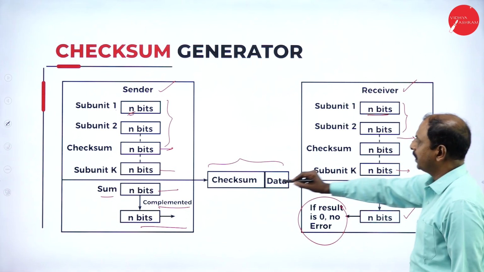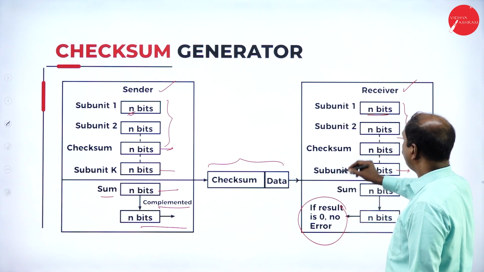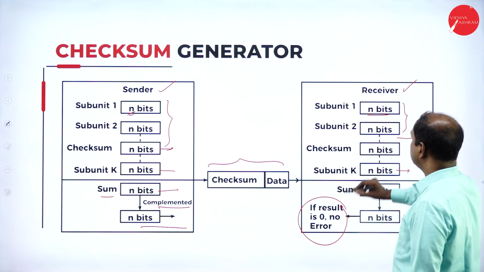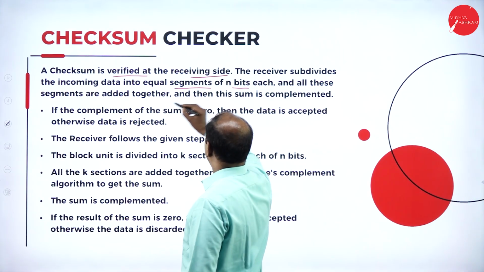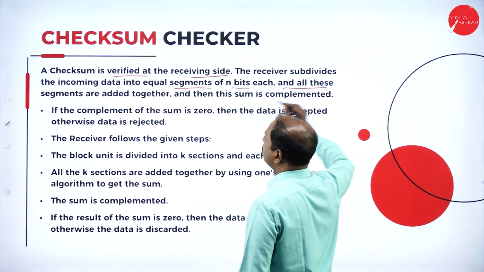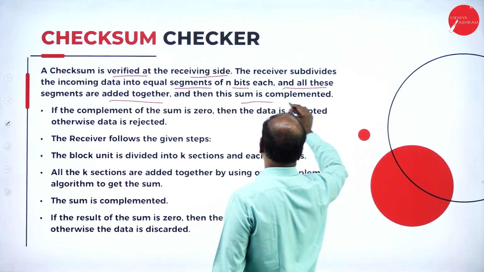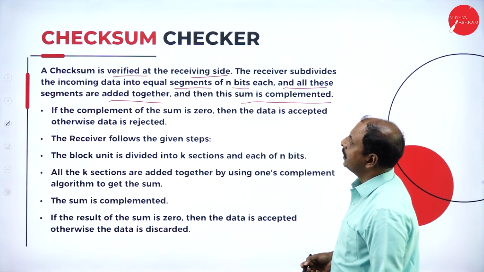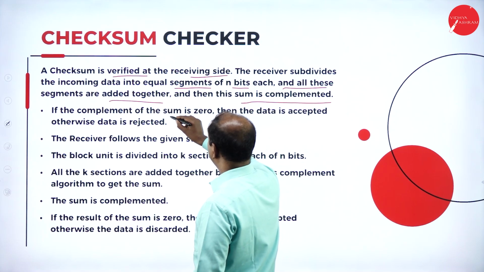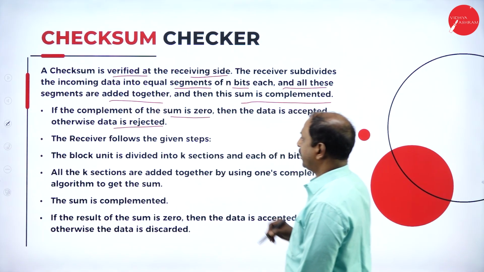The data received is divided into K sections of n bits, all these segments are added together, and then the sum is complemented. If the complement of the sum is 0, then the data is accepted, otherwise the data is rejected.